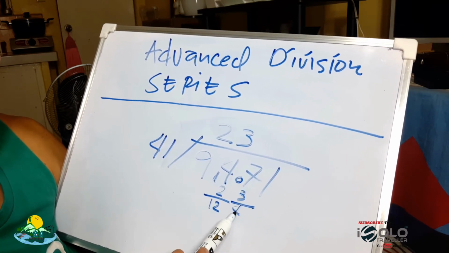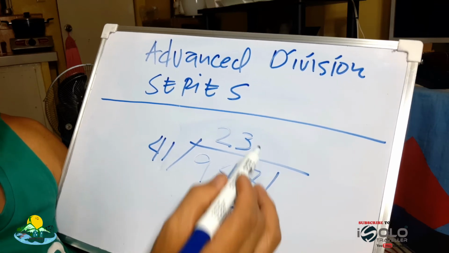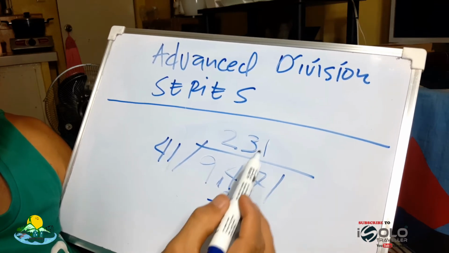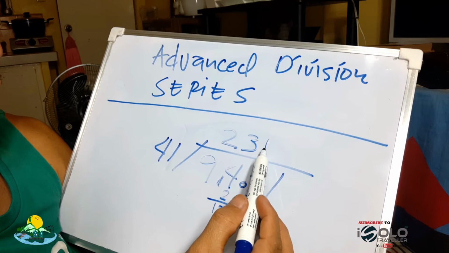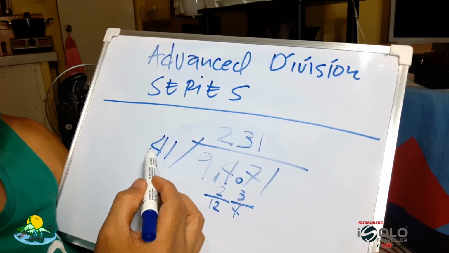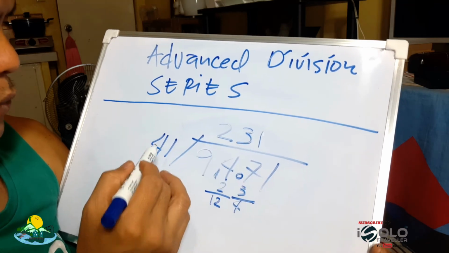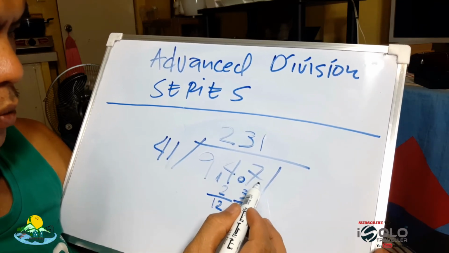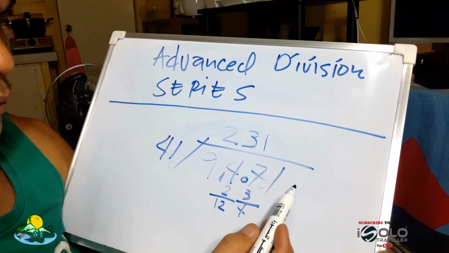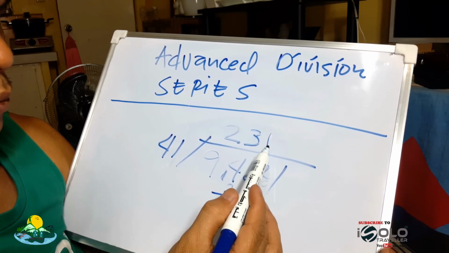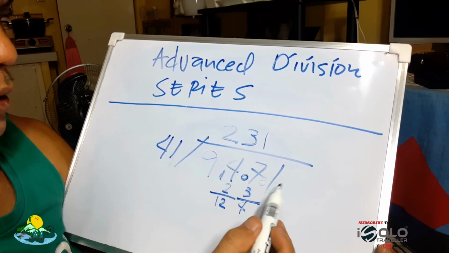4 divided by 4 is 1. Now multiply this. 1 times 4 is 4. And 4 minus 4, 0. Put that 0 beside here. Now multiply this. 1 times 1, 1.